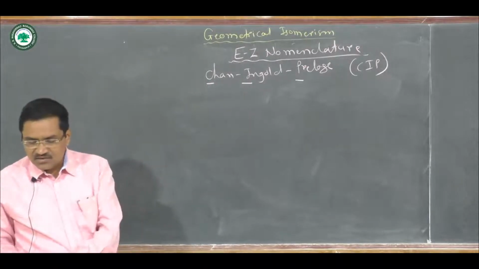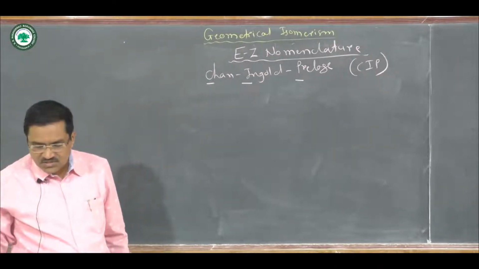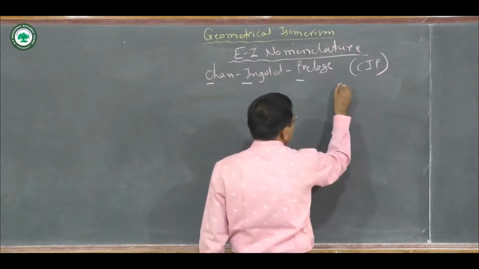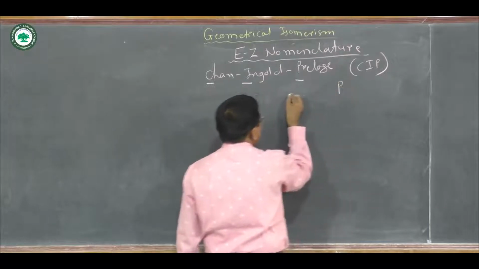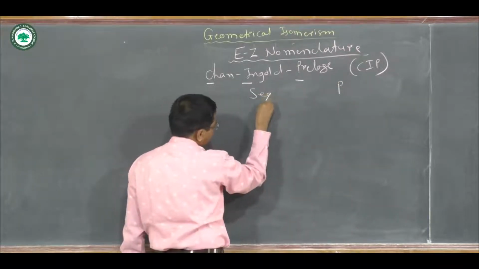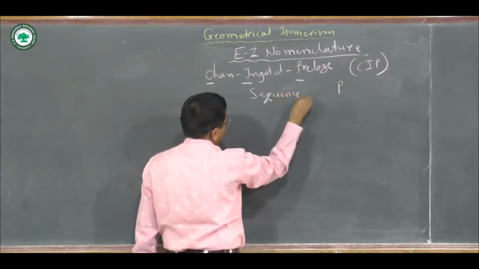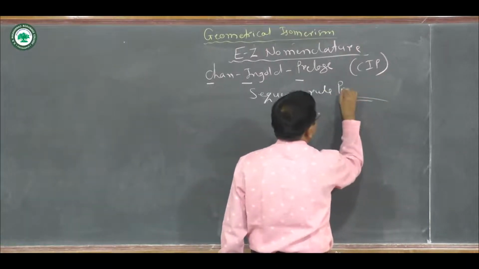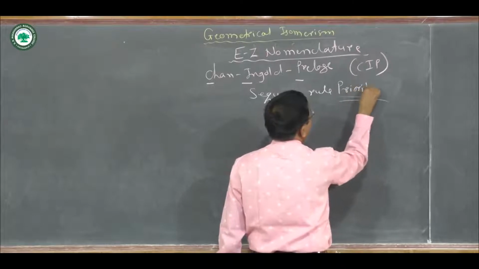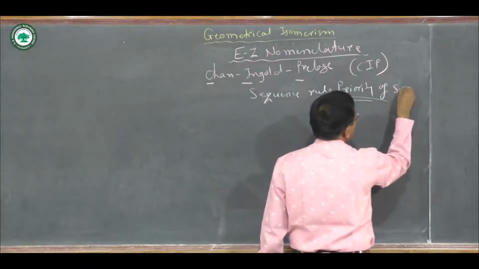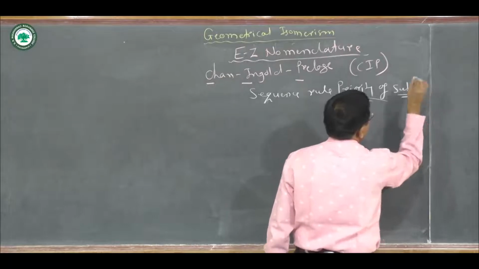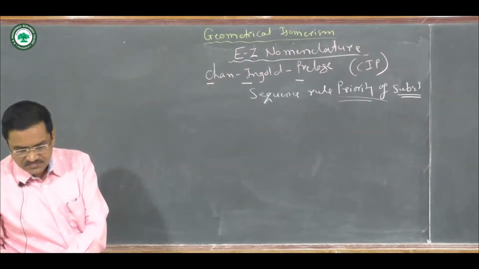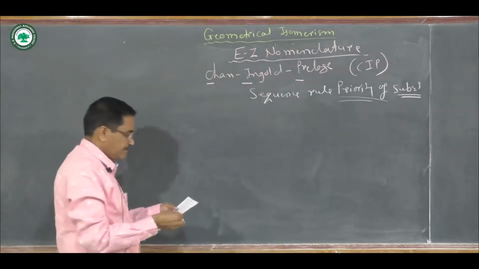Actually Cahn, Ingold and Prelog gave a sequence rule to decide the priority of the substituents.